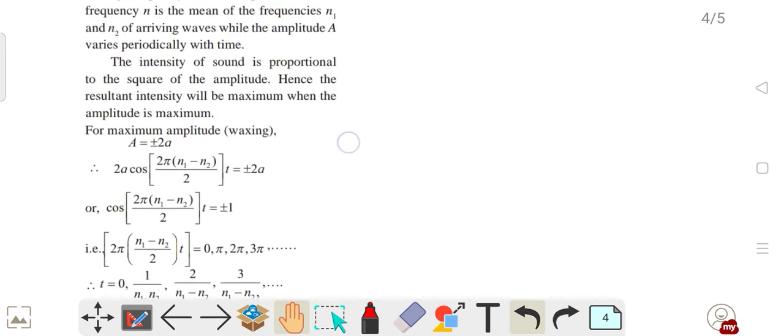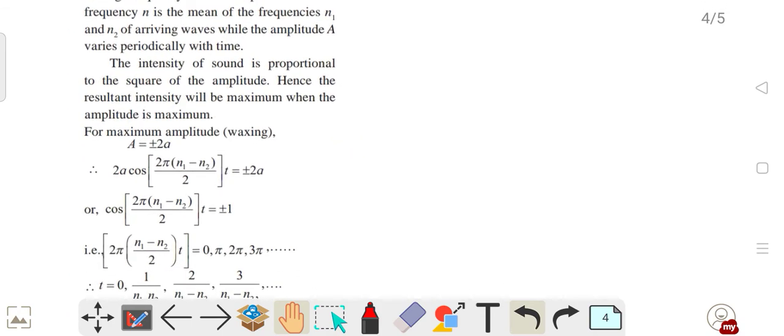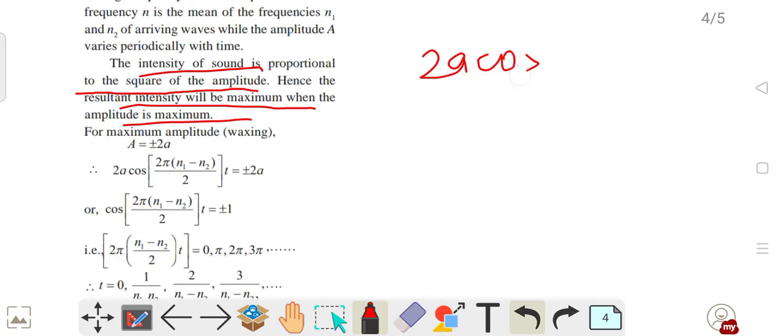Now we have to see the intensity. The main part here is the intensity. Intensity of sound is proportional to the square of amplitude. So intensity will be maximum where the amplitude is maximum. And what is the formula for amplitude? We have taken 2a cos of this thing as amplitude.